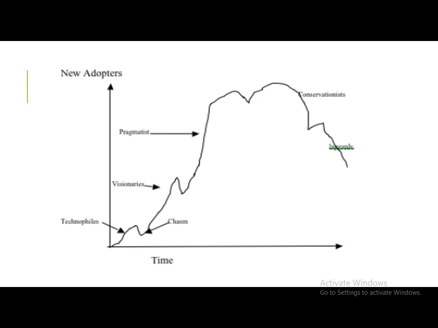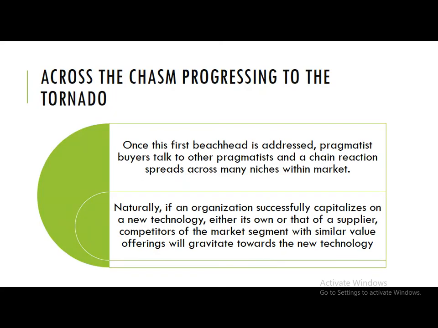The chasm, the market development gap, marks a major change in the way an organization does business concerning both the internal and external environment affecting the marketing. Across the chasm, progressing to the tornado.